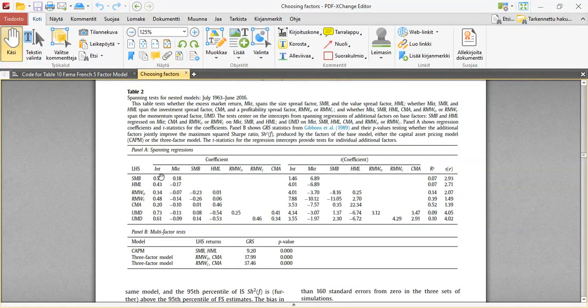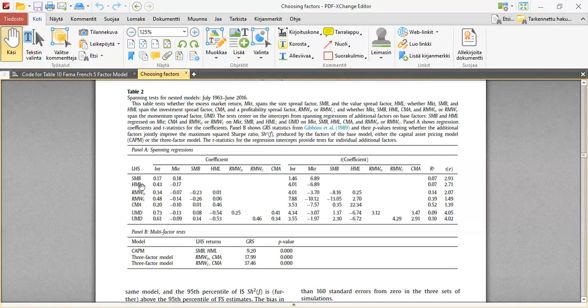So it indicates that this 0.17, the part that is unexplained by the CAPM, is not significant on the 5% level. So we cannot say that the size factor is unexplained by the CAPM. But as we know, this is a simultaneous equation model, so we have to estimate it by the seemingly unrelated regression technique.